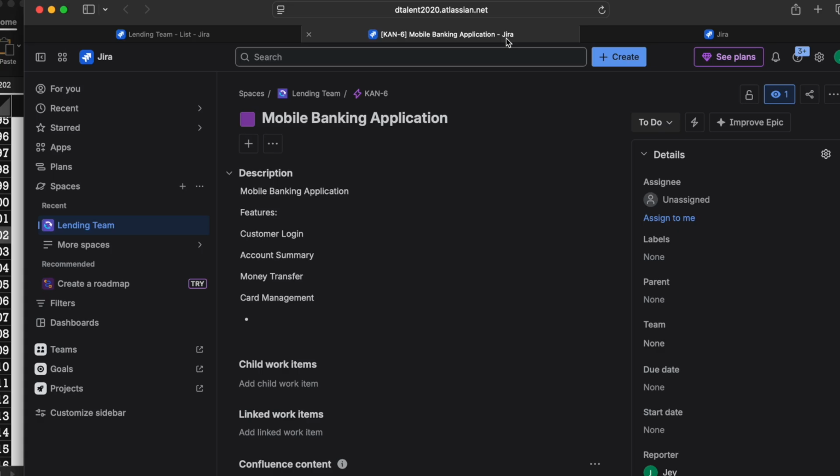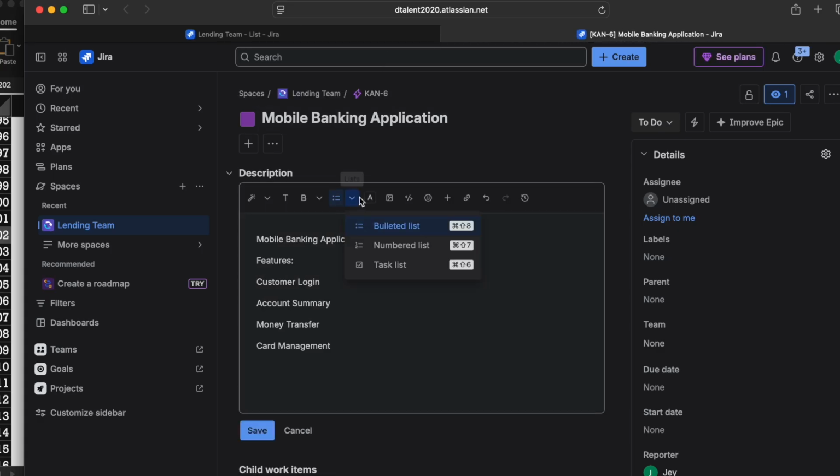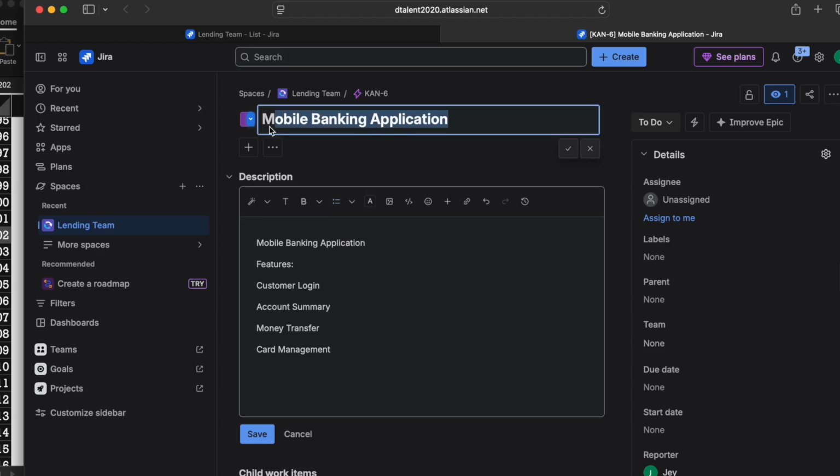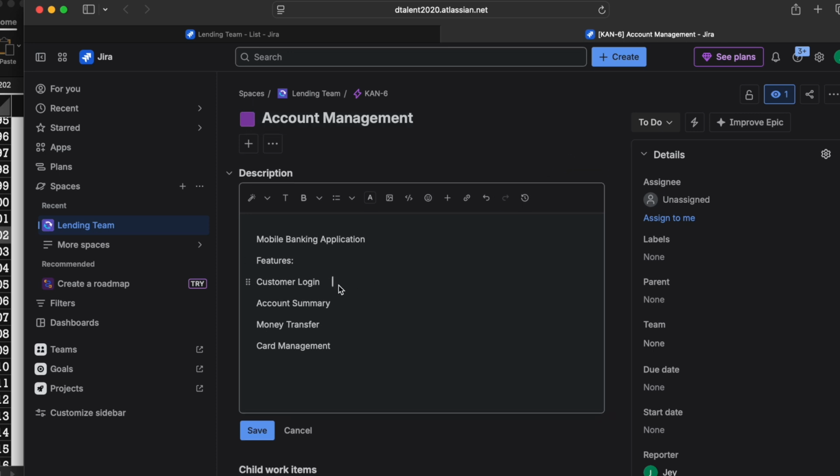Here we need a modification. We are going to keep account management as the epic name.